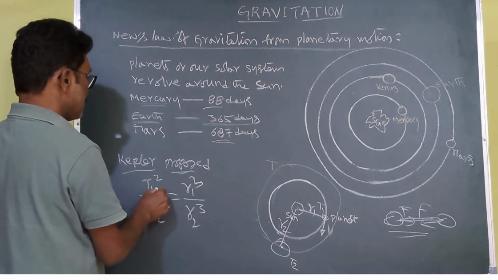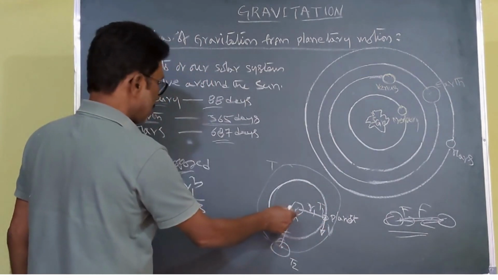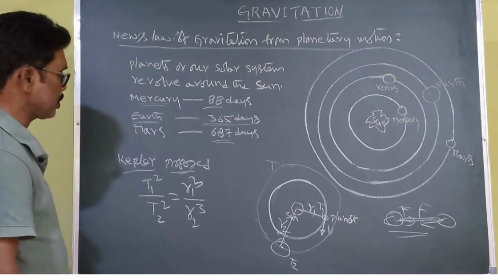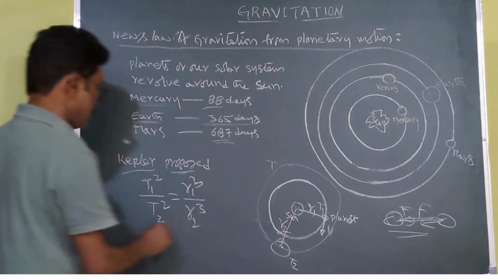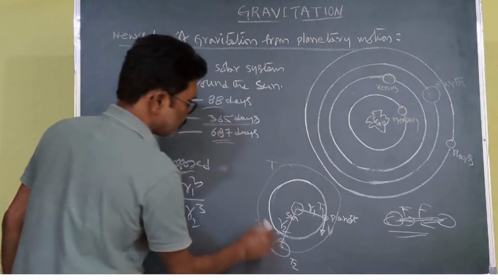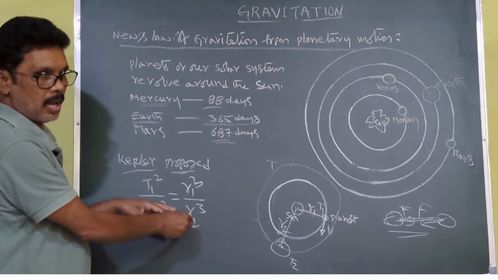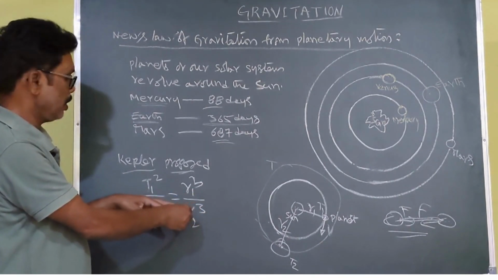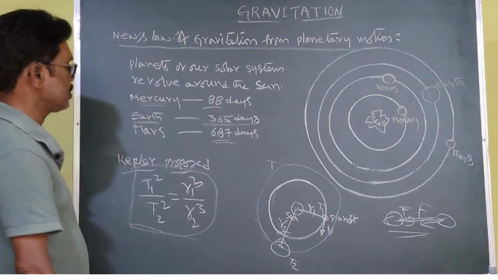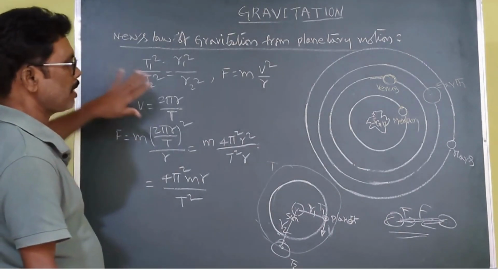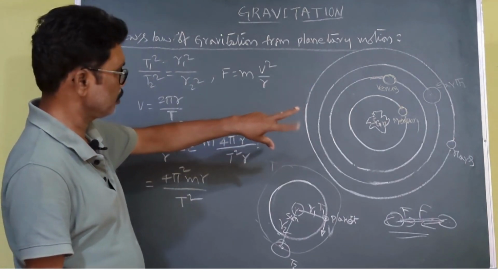So if one planet's time becomes T squared, automatically the radius becomes proportional to R cubed. Another planet with respect to the sun takes T2 to complete one revolution, the time is T2 squared, and obviously R2 becomes R2 cubed. So he has given this relation between time and radius for two planets.